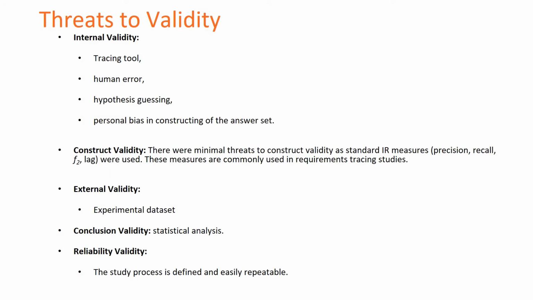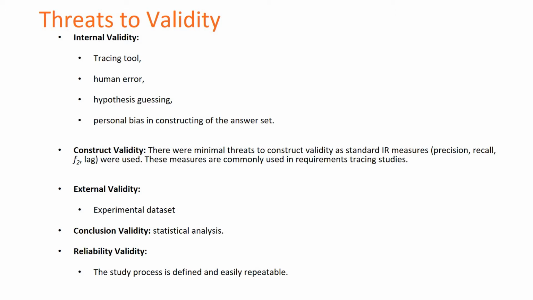So threats to validity. For our internal validity, we had human error while performing the experiment. We had the tracing tool, hypothesis guessing. We had personal bias in constructing the answer matrix. Our construct validity was fairly low since we were comparing only measures that are commonly used in requirement tracing studies.